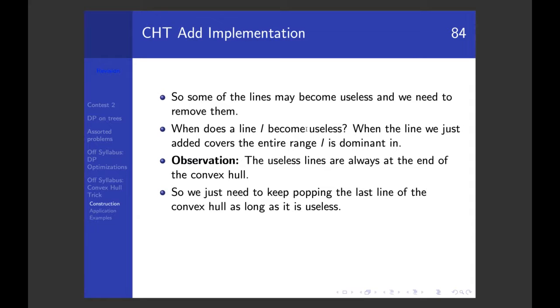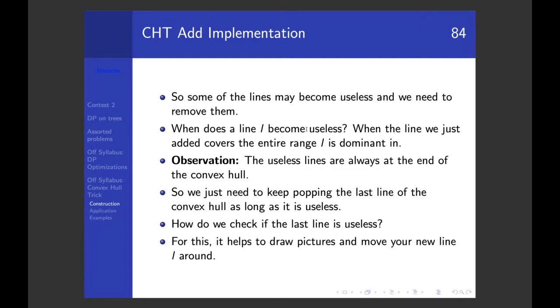So we just keep popping useless lines off. How do we check if a line is useless? We have a convex hull, and on it this is the second to last line, and this is the last line here.